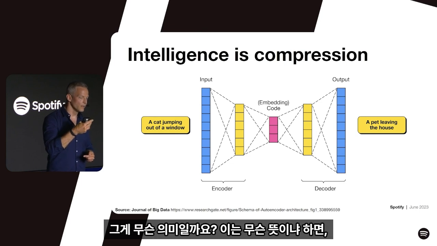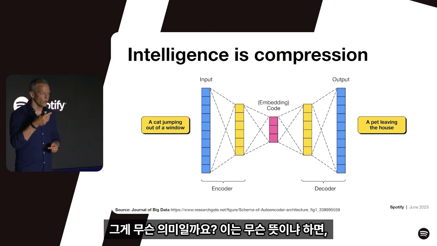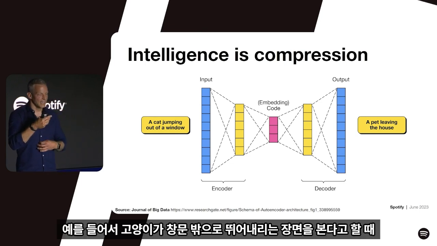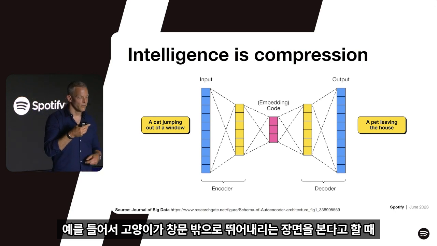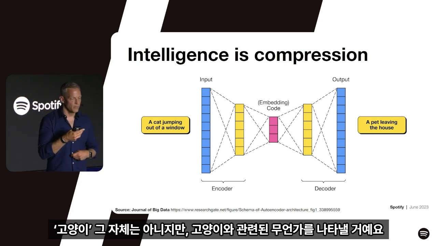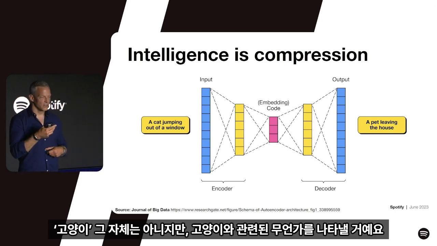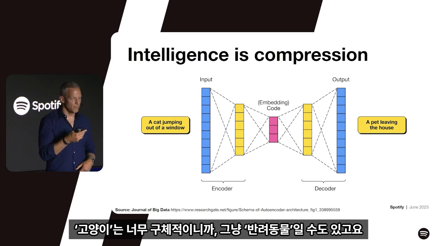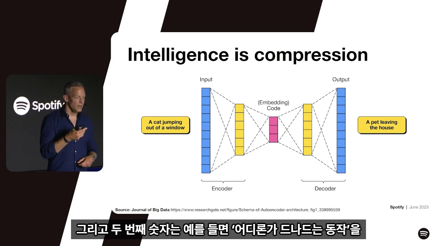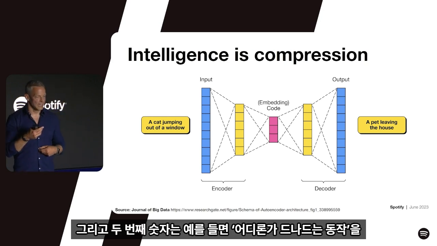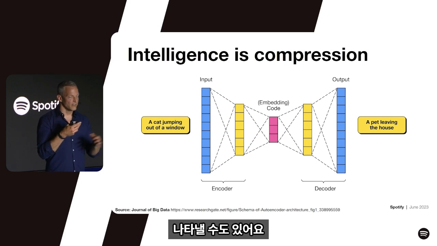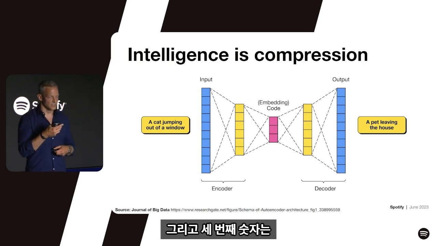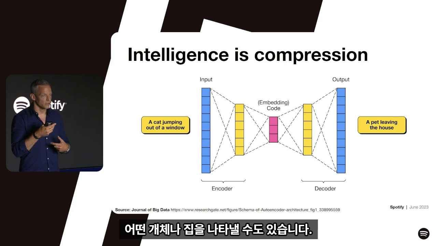What do I mean by that? Well, if you look at something like a cat jumping out of a window, maybe these 3 numbers in the middle represent something like not quite a cat, that's too detailed, but maybe a pet. Maybe the second number represents something like going in and out of something. And the third number represents something like an entity or a house.